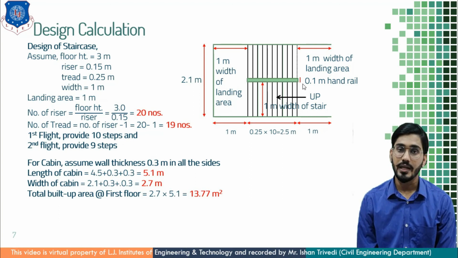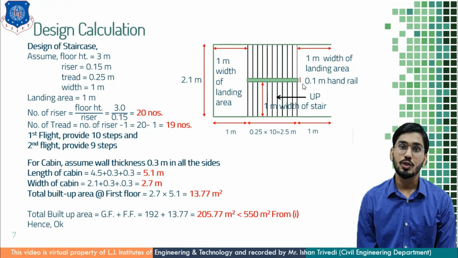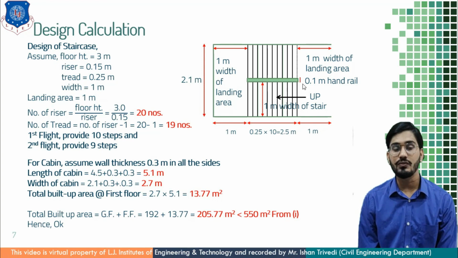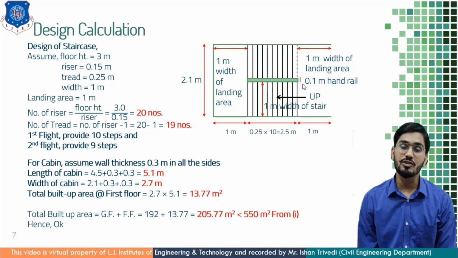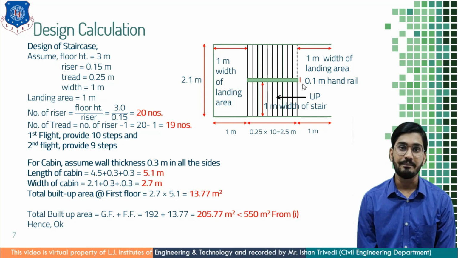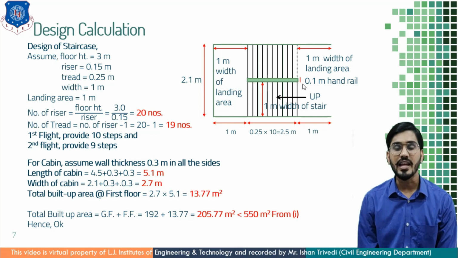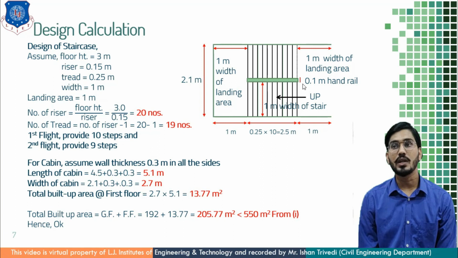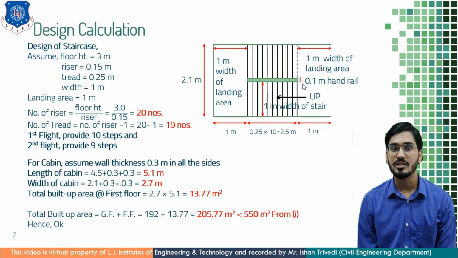which gives me 13.77 meter square area. If I calculate the total built up area of the ground floor and first floor, it gives me the value of 192 plus 13.77 meter square, and the total summation is 205.77 meter square, which is less than 550 meter square, because in total I have the permission of 550 meter square, but I am constructing only 205.77 meter square.